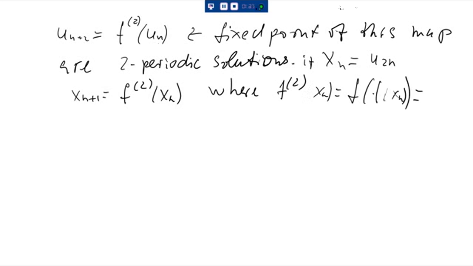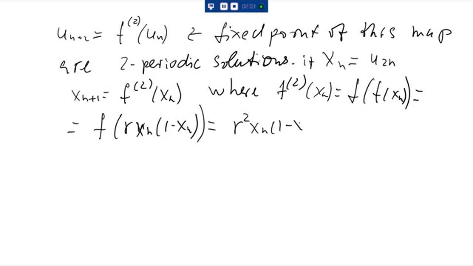So f for the logistic map is r x_n (1 - x_n), and it is r squared x_n (1 - x_n), and here (1 - r x_n (1 - x_n)).